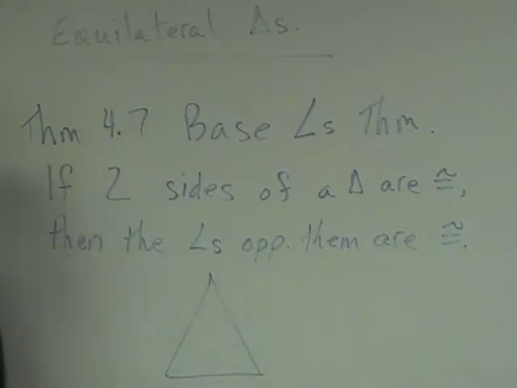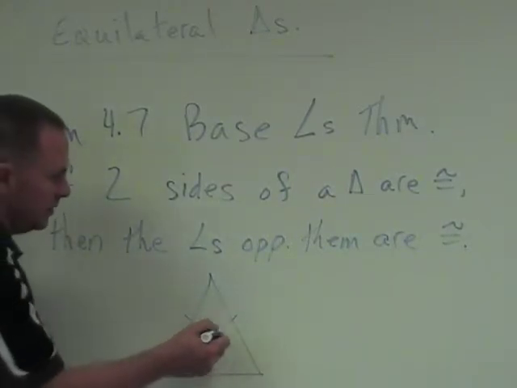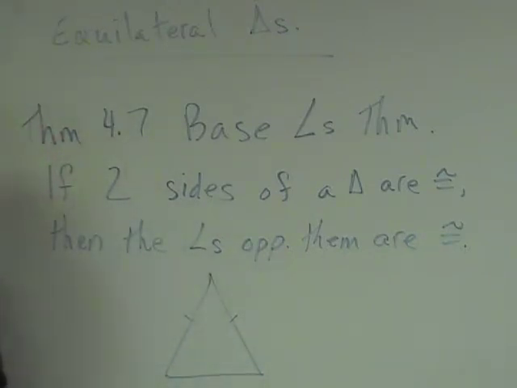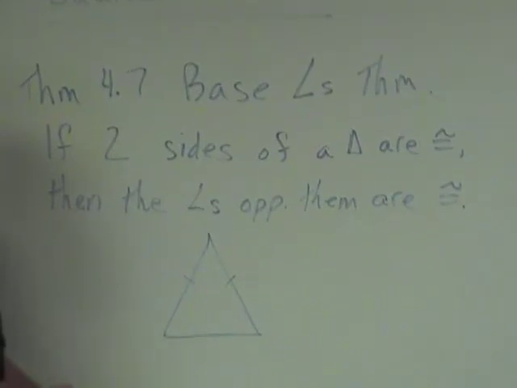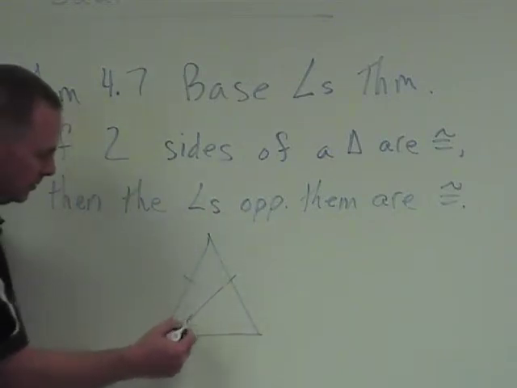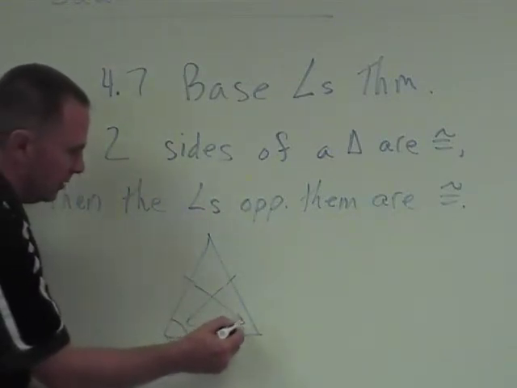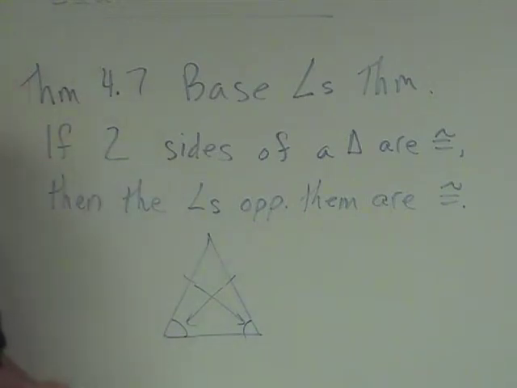Base angles theorem. Two sides of a triangle are congruent. Then the opposite angles, the angles opposite them, are congruent to each other. That's what that means.